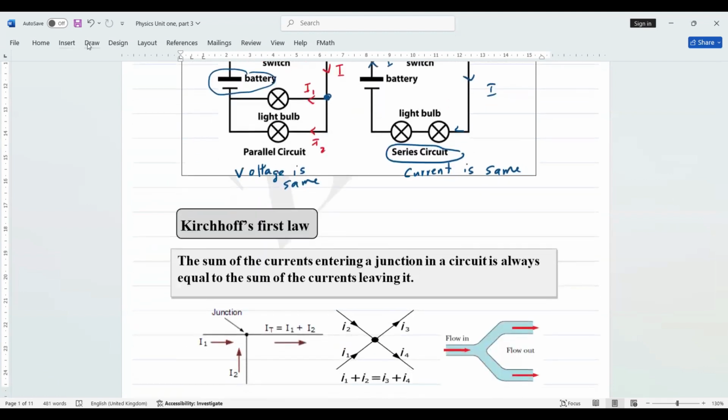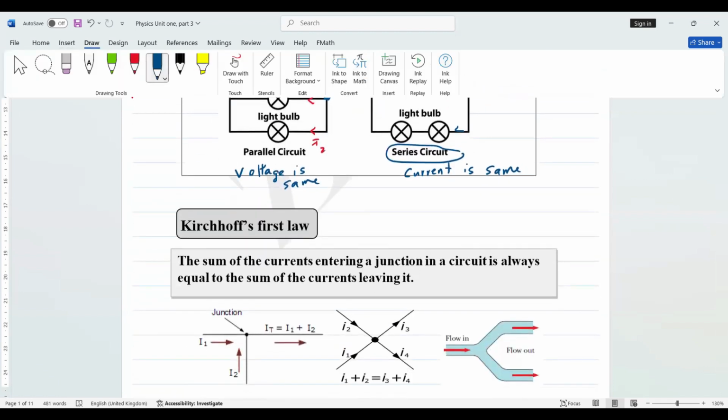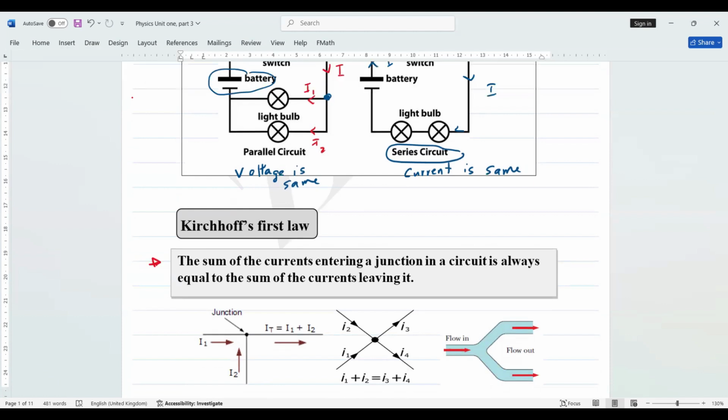Now, we start Kirchhoff's first law. This law is important here. The sum of currents entering a junction in a circuit is always equal to the sum of currents leaving it. Look, this point is a junction.